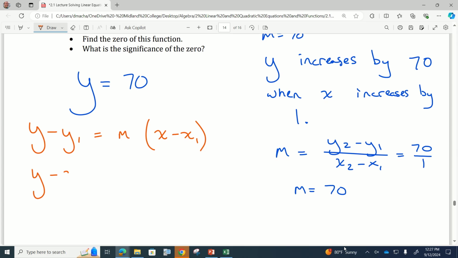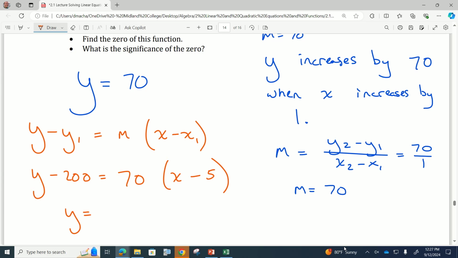Plugging in everything into my point slope form, that was a 5. This is what I would get for point slope form.